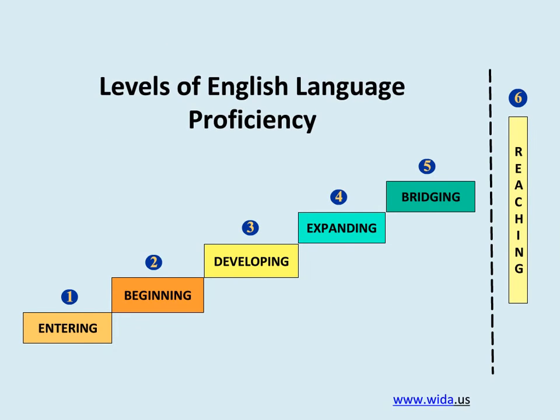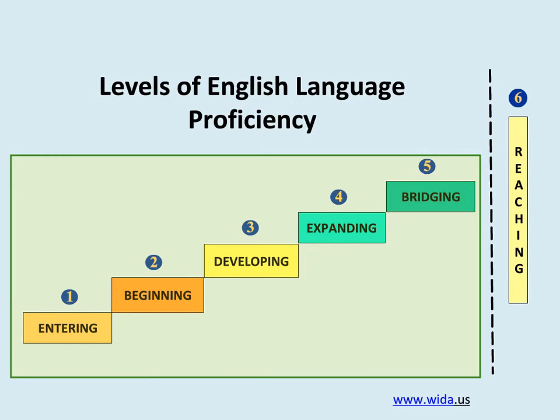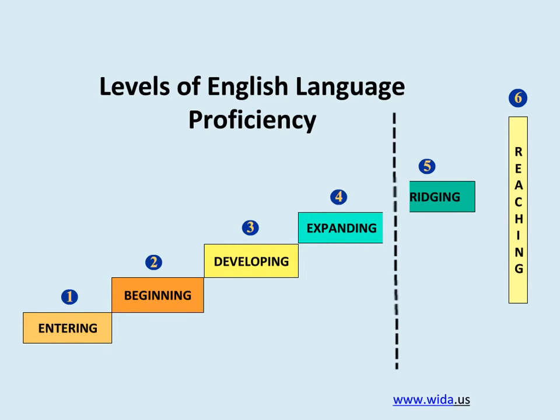The labels used for the 6 proficiency levels were created by the WIDA development team. In most states, students are only considered for additional language supports like ELD or ESL classes if they are at levels 1 through 5, and in some cases at levels 1 through 4.